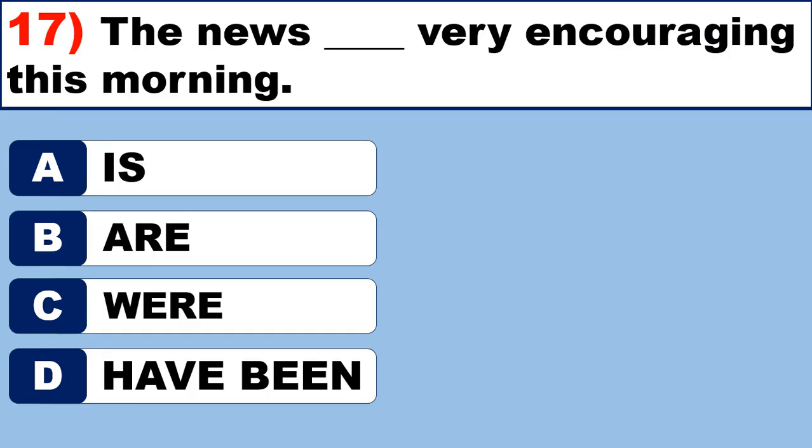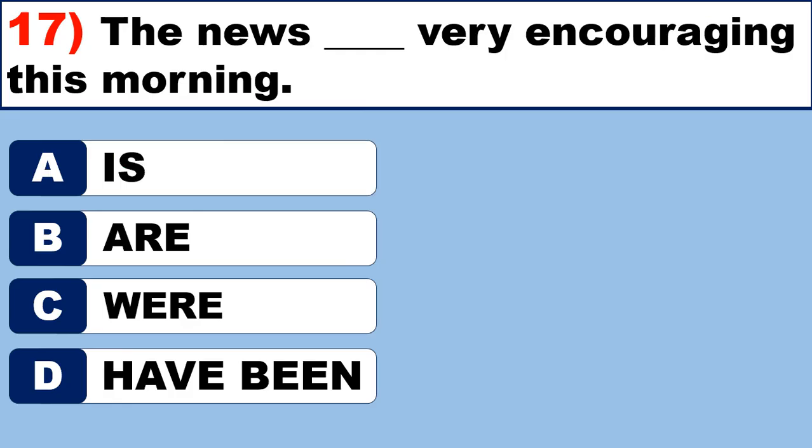Number 17. The news is very encouraging. The news are very encouraging. The news were very encouraging. Or the news have been very encouraging. So first of all, the word news, is it plural or singular? Remember, news is an uncountable noun.